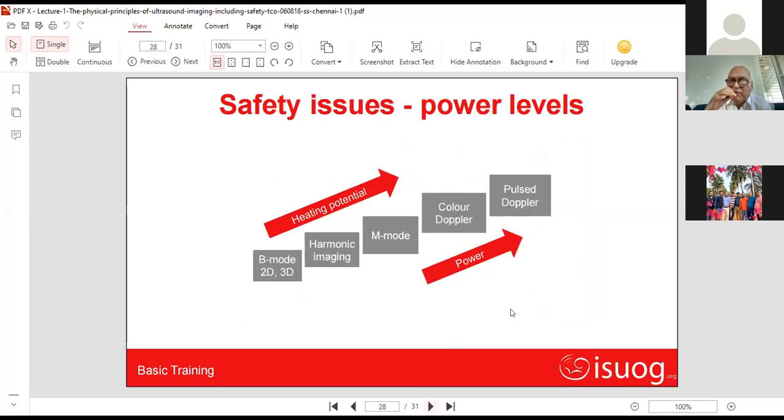So these are the power levels of the different kinds of ultrasound when we use them. The heating potential and the power, both are given. In 2D and 3D B mode, the heating potential is less. Harmonic has more, because the tissue starts vibrating and it will generate heat. M mode is higher than harmonic.